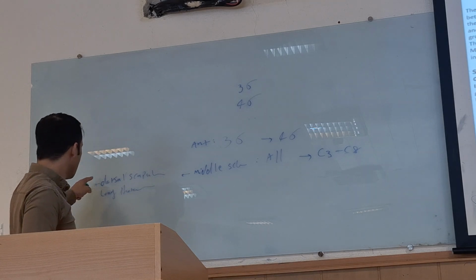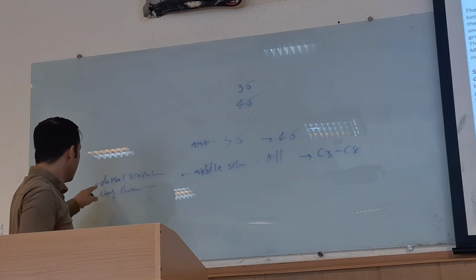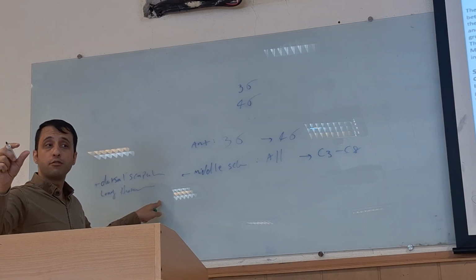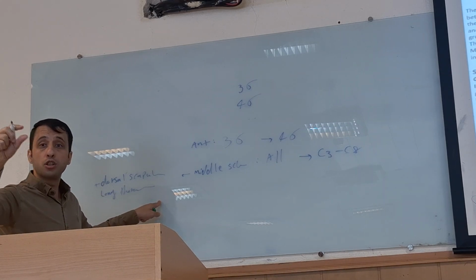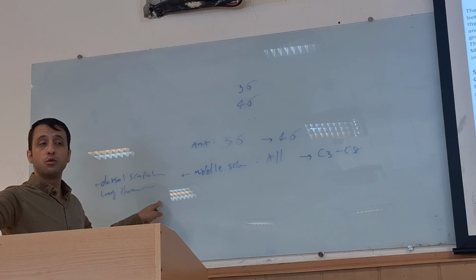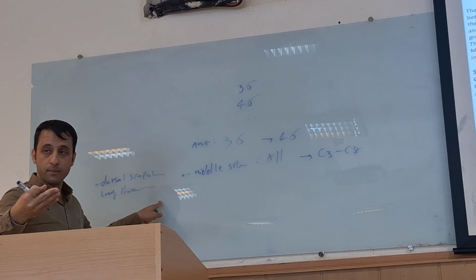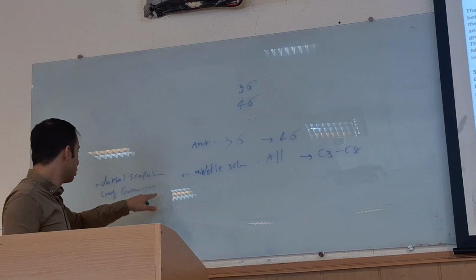You know that dorsal scapular nerve and long thoracic nerve are nerves from the roots of the brachial plexus. Brachial plexus has roots, trunks, cords. Yes, they are from roots. Roots means, for example, C5, C4. Okay? T1, for example, is a root.